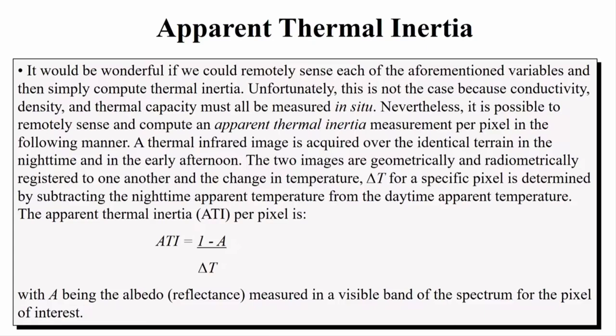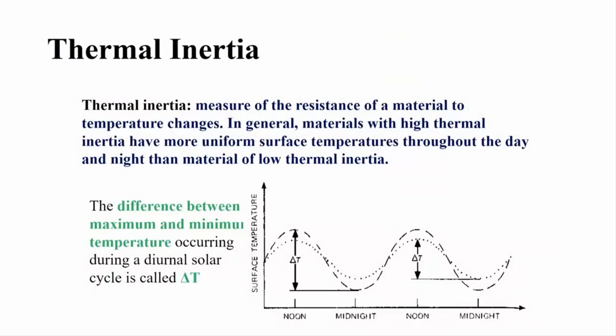The apparent thermal inertia per pixel, represented by ATI, is equal to 1 minus A divided by delta T, where A is the albedo, that is the reflectance measured in the visible band of the spectrum for the pixel of interest, and delta T is measured by taking the difference of the maximum and the minimum temperature.